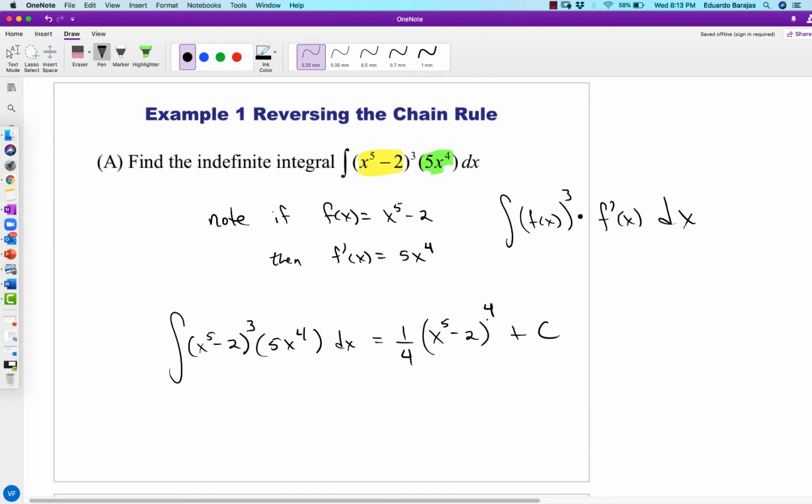Good. And we can check it. Bring down the 4, cancels with a 1/4, subtract 1 from the exponent. We'll have this to the power of 3 times the inside function, which will be exactly that. Good. So let's check it.